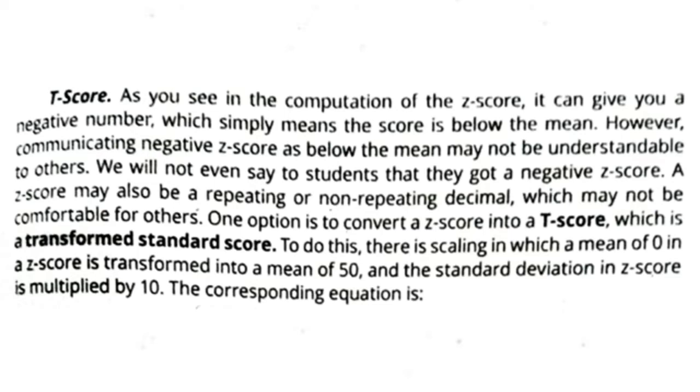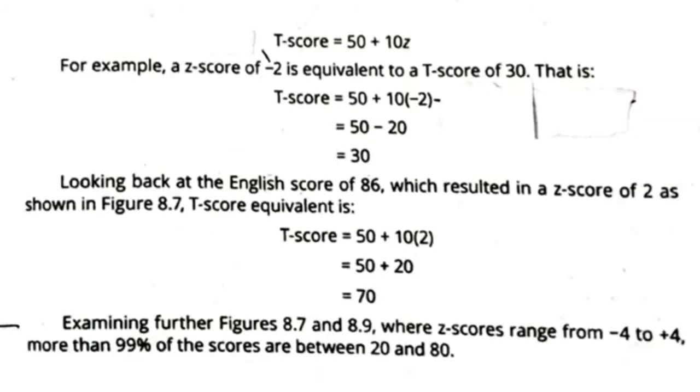The corresponding formula is t equals 50 plus 10z. So, for example, a z-score of negative 2 is equivalent to a t-score of 30. That is, t equals 50 plus 10 multiplied by negative 2 equals 50 minus 20 equals 30.